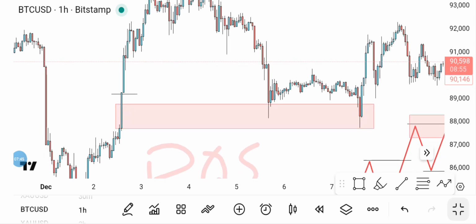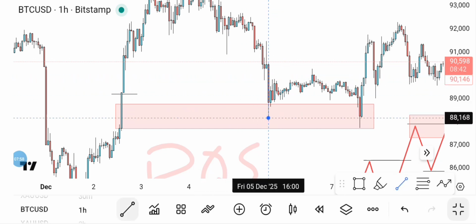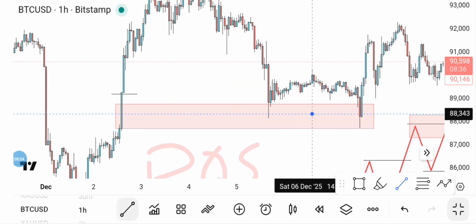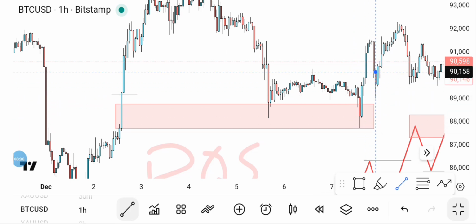As far as price did not close below the fair value gap, it's still valid. So when the price came to this level, it did a little bit of movement here, and then it pushed upwards.